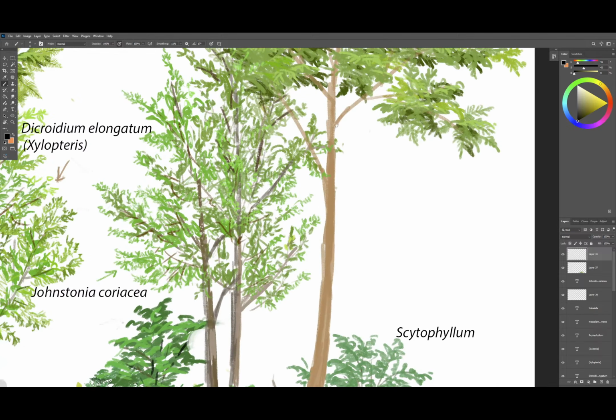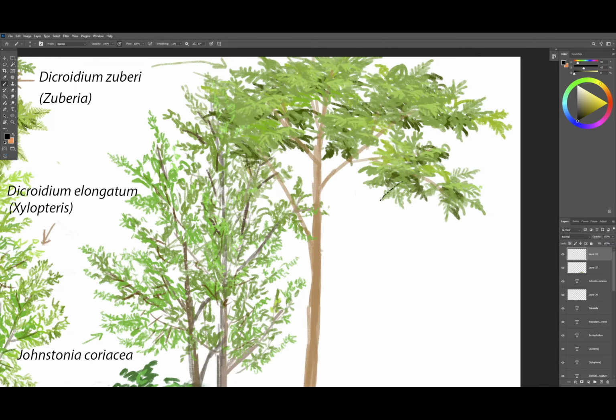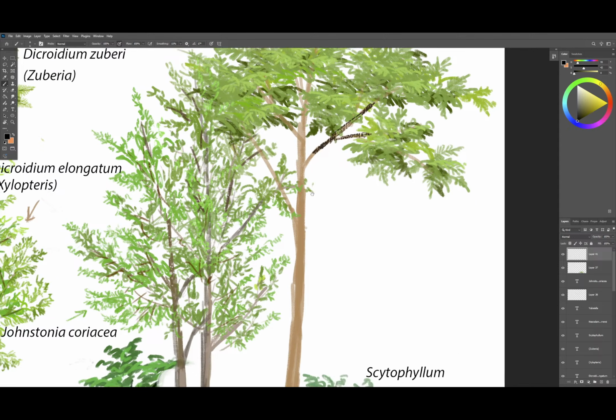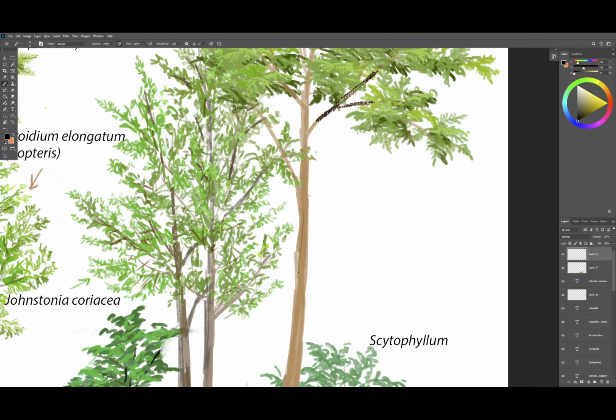But I think that Dicroidium zuberi, the bigger ones, the bigger leaves, Zuberia, were probably a branched tree with a scarring of like scale patterns here, rhomboidal scarring here, but this surface is smooth.